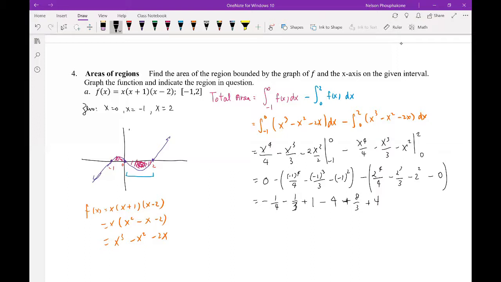Okay, then now what I need to do here is I will have the LCD is 12. Then I will have 3 over 12 minus 4 over 12 plus 12 over 12, 48 over 12, 32 over 12.